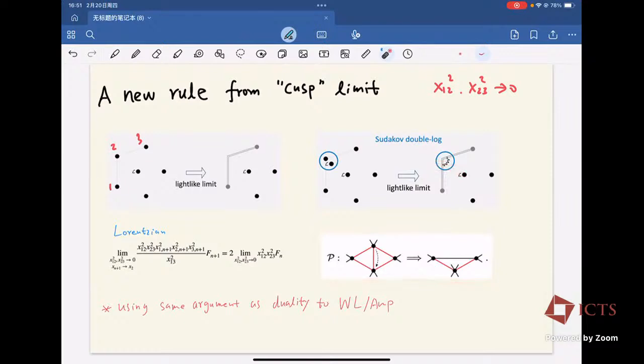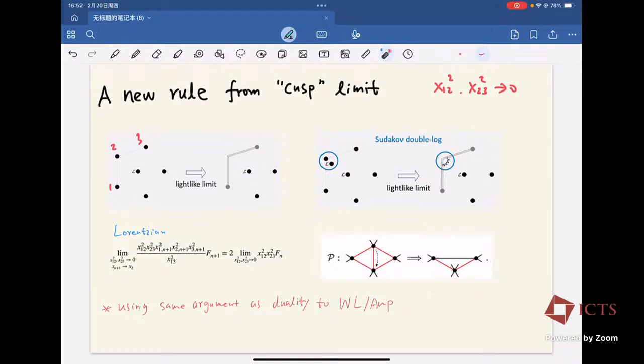It says that when you look at the n plus 1 point graph, whenever you see such a structure, you take the pinching of these 2 points. It has to reduce to a cusp diagram at 1 point lower. So it relates all the coefficients of an n plus 1 point graph to a single n point graph.